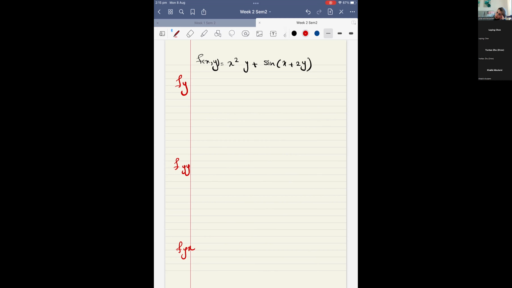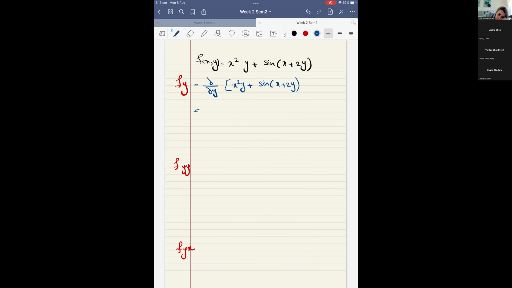I'm not sure. Let's do it together. f_y is equal to partial y of x squared y plus sine of x plus 2y. Derivative with respect to y, x squared is constant. It looks like, for example, 5 squared y.